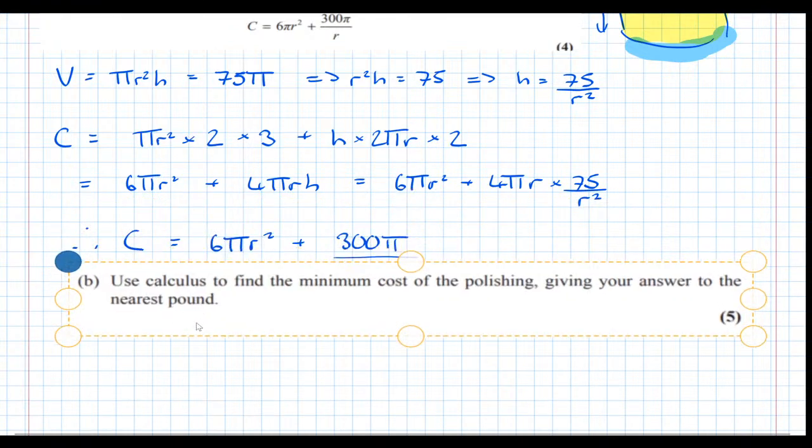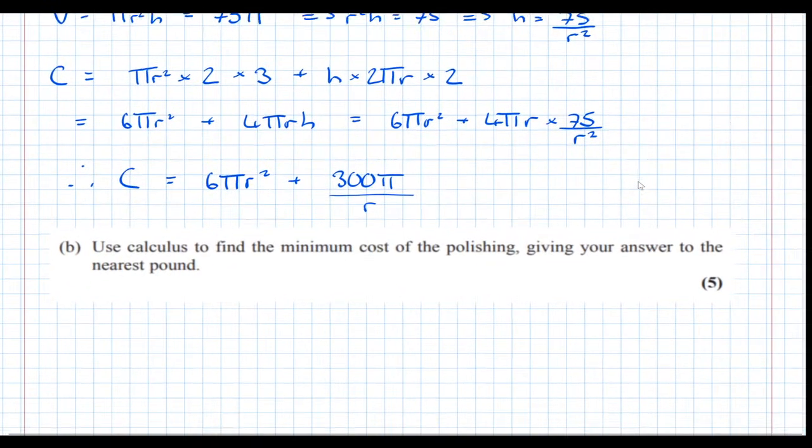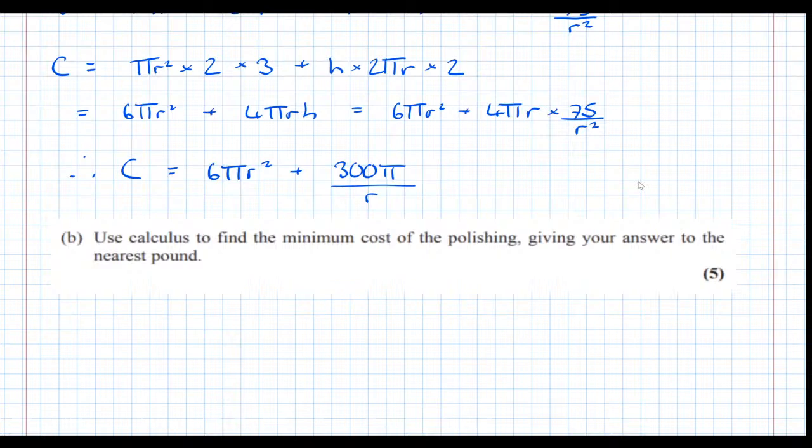Use calculus, i.e. differentiation or integration. In this case, calculus refers to differentiation, to find the minimum cost of polishing, giving your answer to the nearest pound. So I think they've tried to catch us out there. Remember that bit, that'll be something that catches loads of people out. So use calculus, i.e. differentiation.